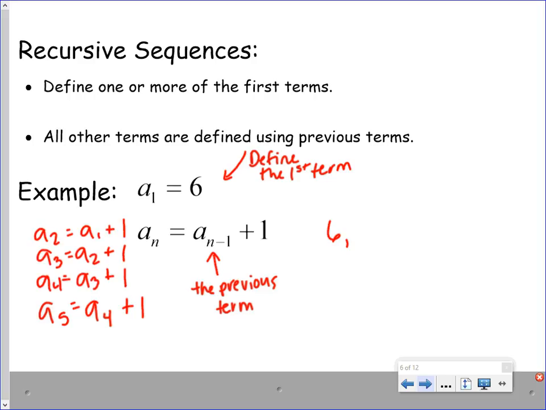Now, if I backtrack all the way up to A sub 1, can I evaluate those now? Yeah, because I know A sub 1 is 6. So A sub 2 is 6 plus 1, which is 7. And A sub 3 is 7 plus 1, which is 8, 9, 10. Okay, so I could list out the first 5 terms, but then I'm just adding that 1 on to the previous term. Okay, so that's a recursive one.